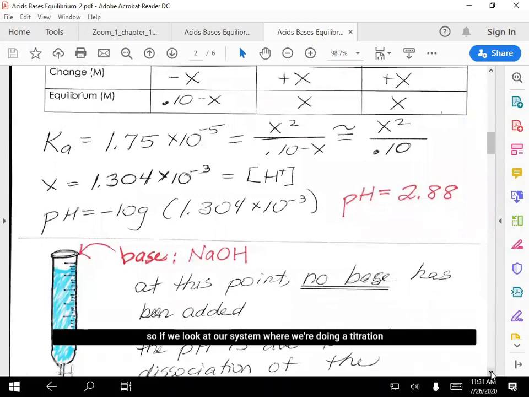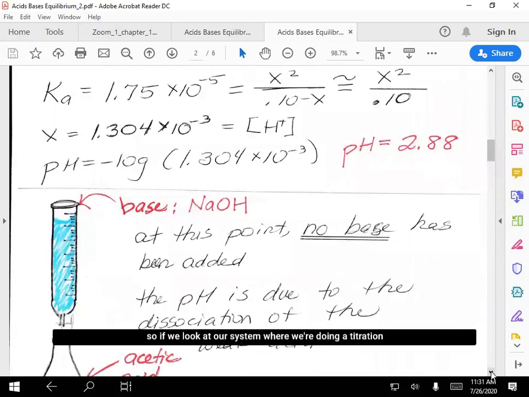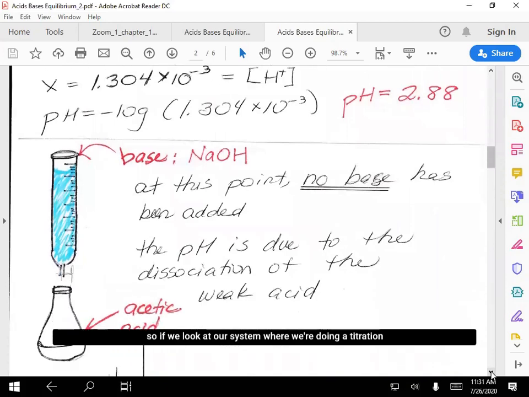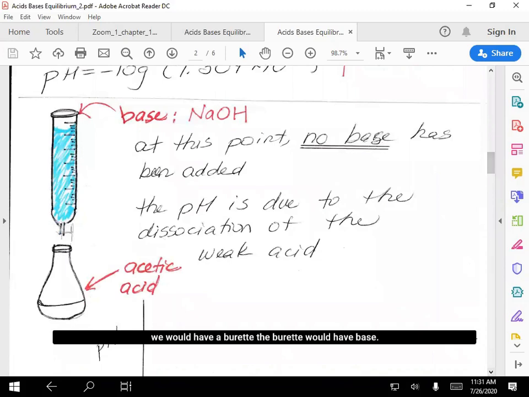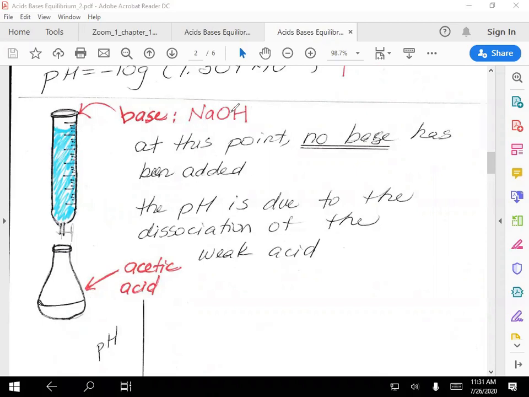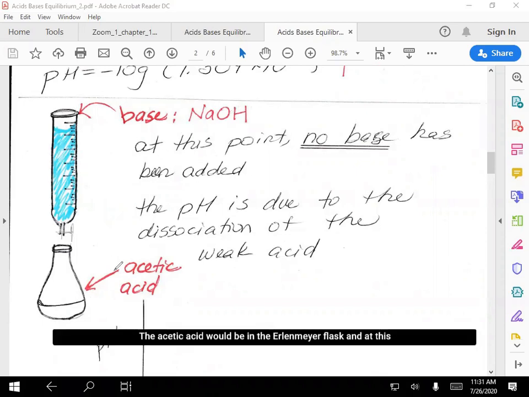So if we look at our system where we're doing a titration, we would have a burette. The burette would have base, so let's use sodium hydroxide. The acetic acid would be in the Erlenmeyer flask.